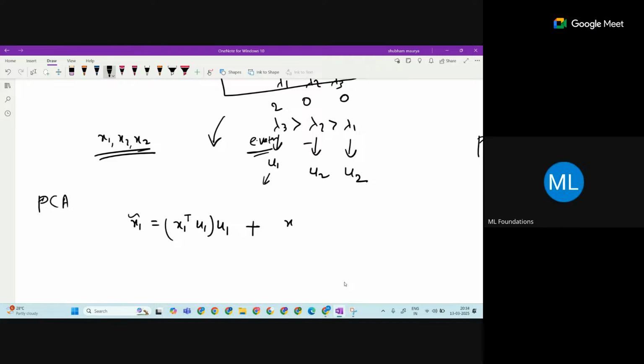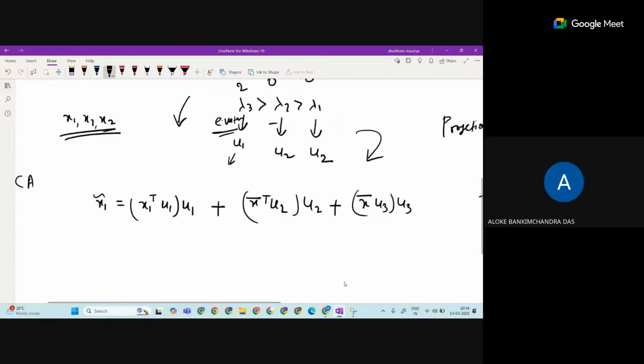Now the mean will come: mean transpose and then U2 will be there, outside U2, plus x bar and U3. Then for this case, this is the formula.